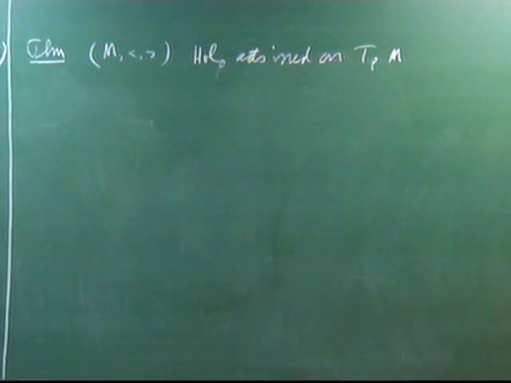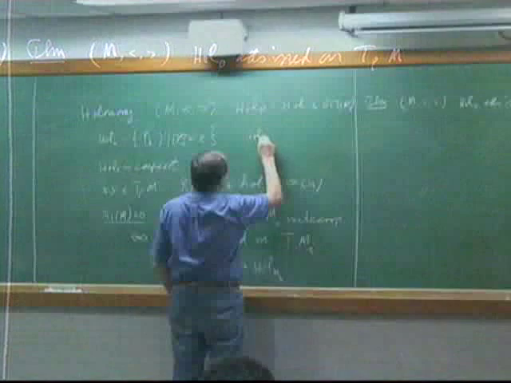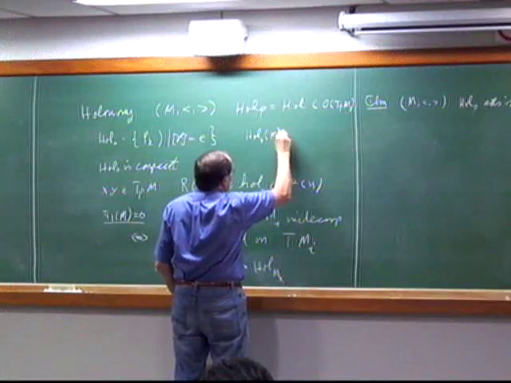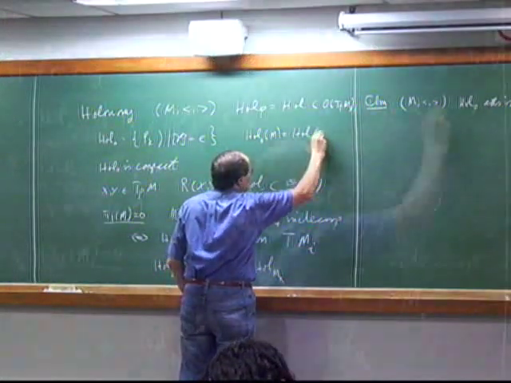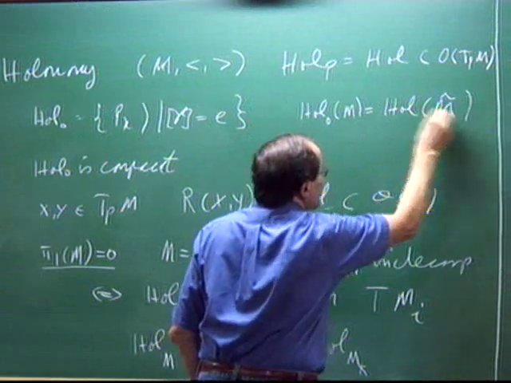So same thing as M is not a product, if M is simply connected. Actually, so for example, one can say, is that true? Hol_0 of M, I think, is Hol of the universal cover, which is connected.